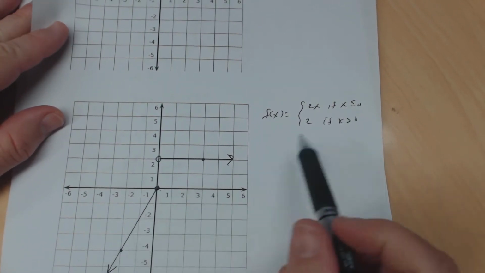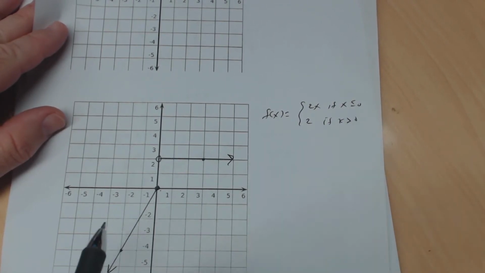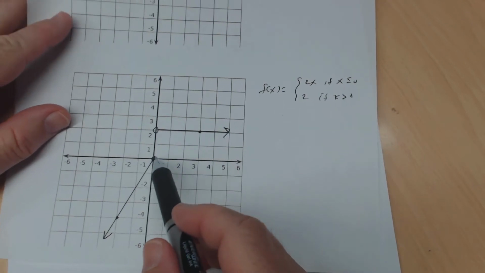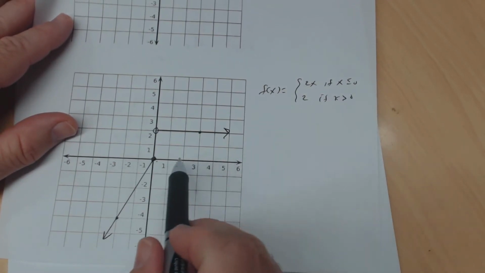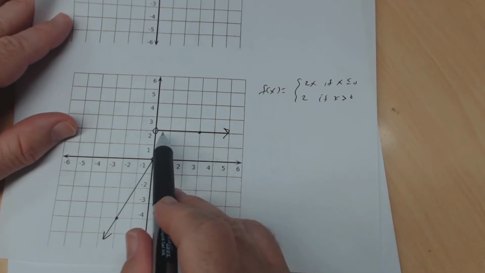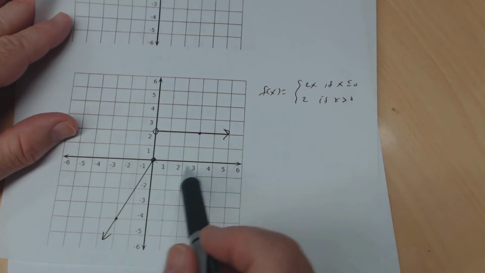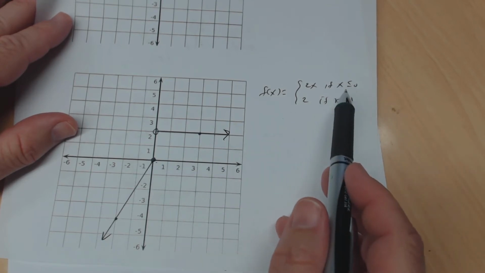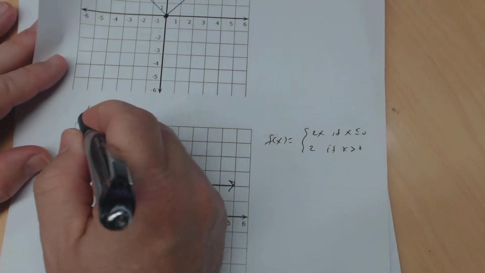So this piece here represents the top function, and this piece here represents the bottom function. Okay, and so notice when x is less than 0, I get this graph, and then when x is greater than 0, I get this graph with that open circle. Open circle because there was no equal sign, closed circle because there was an equal sign. Okay, so that's number 2.